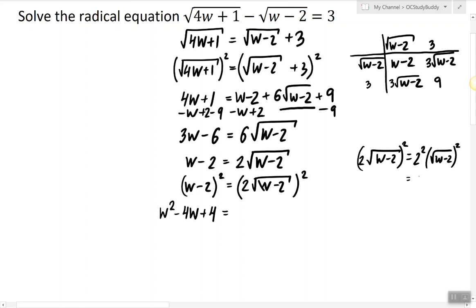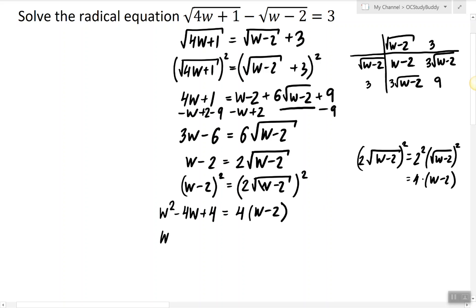So we square 2 and we square the radical separately. Squaring the right-hand side will give us 4 times w minus 2. As a result, we don't have a radical equation anymore. We just have a quadratic equation, or what appears to be a quadratic equation.